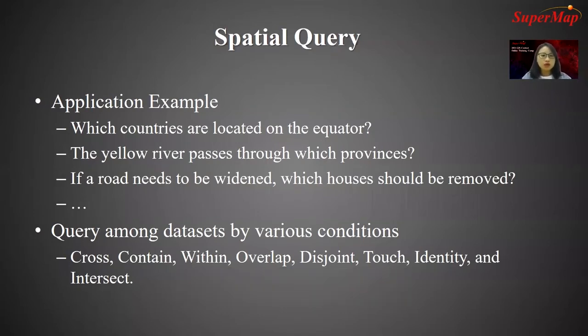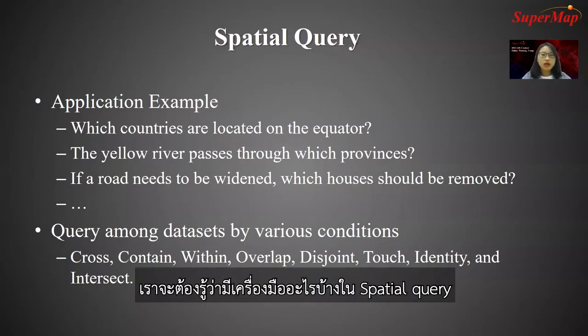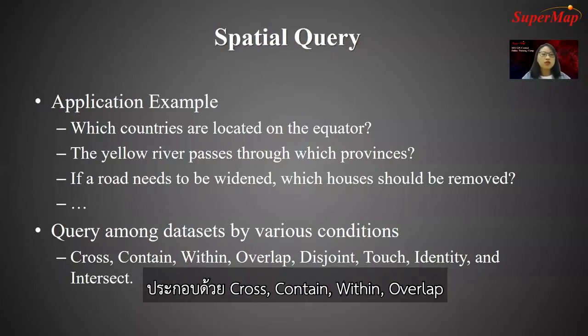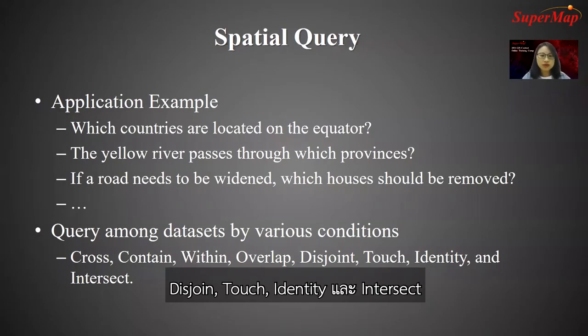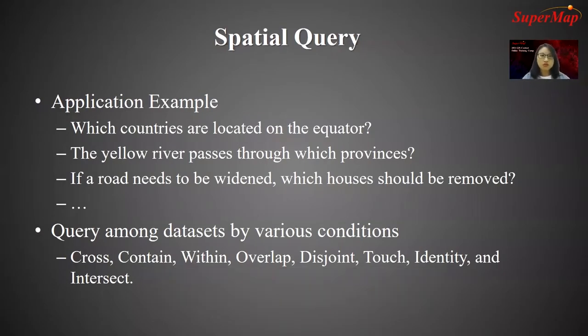So here we need to know some of the various conditions in spatial query, including cross, contain, within, overlap, disjoint, touch, identity, and intersect.